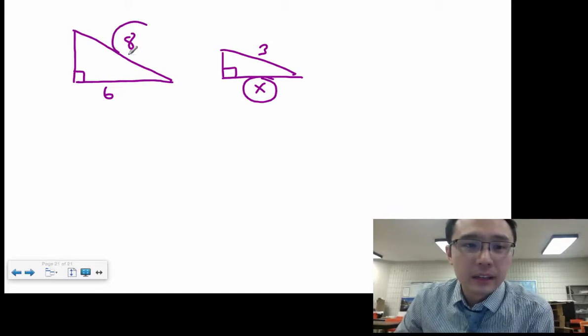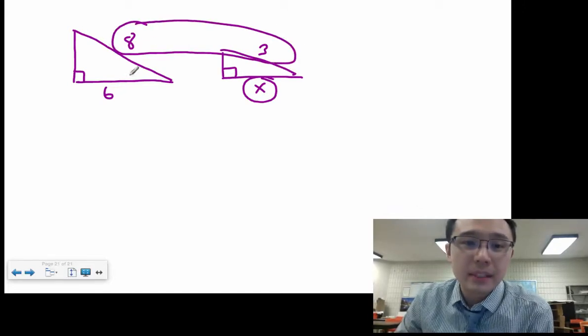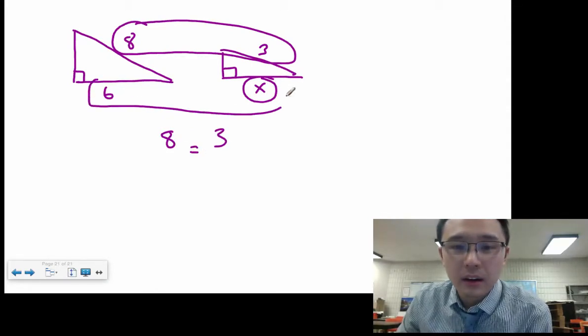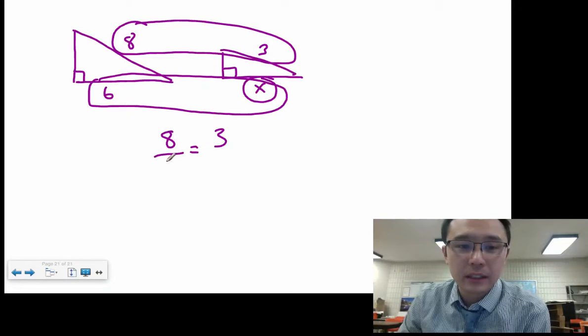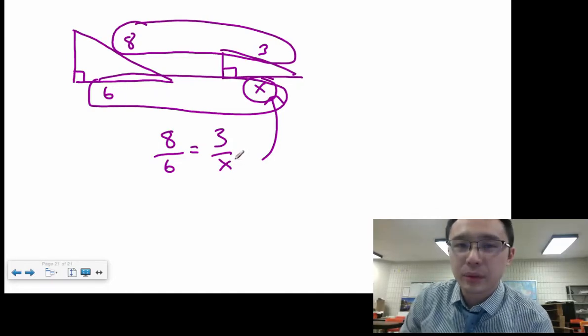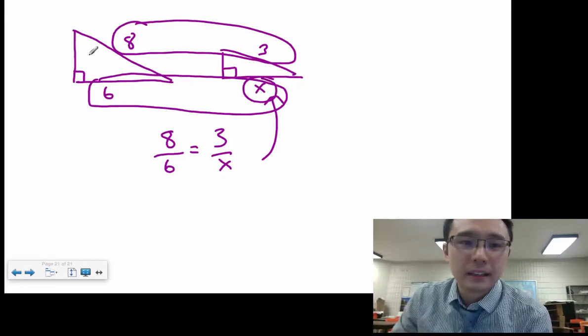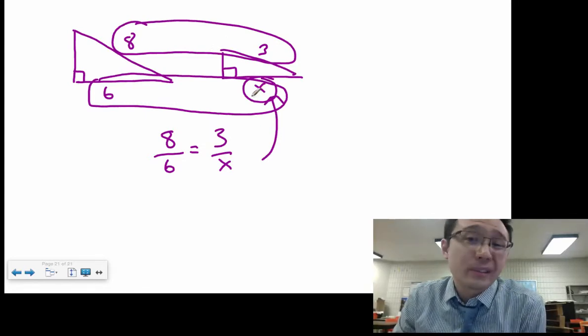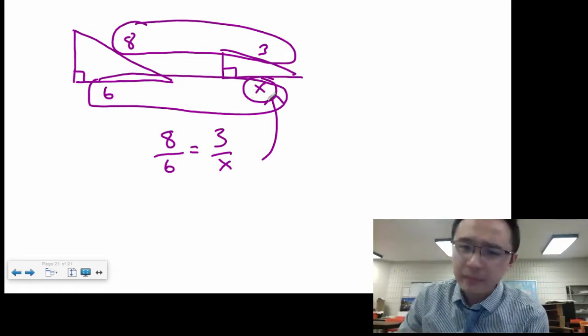Say this is the same side of the same triangle, so we can say that 8 is equal to 3, and the bottom is all the same sides of the triangle, so this is going to be 6 and x, and you solve for x to figure that out. Okay, so that's how you put it into proportion, because this triangle is basically proportional to this one, and you just try using the proportions to figure out the unknown.